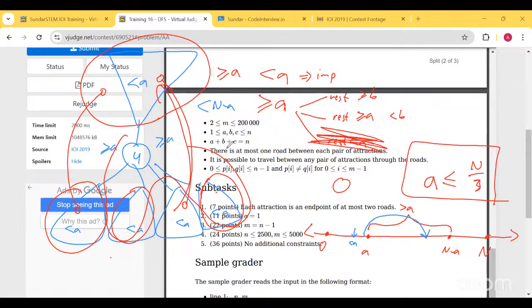So we remove this case, right? There is no this case. So just solve for this case only. And both of them are possible. So it is always possible. All right. You got it?